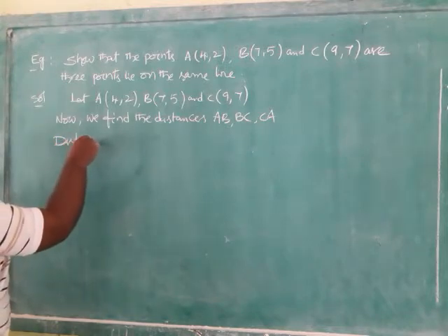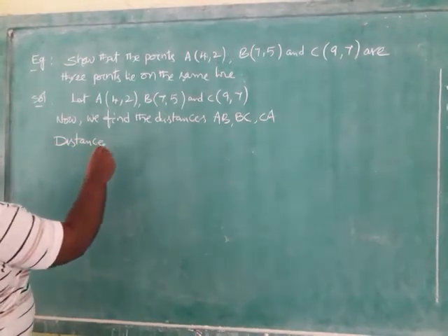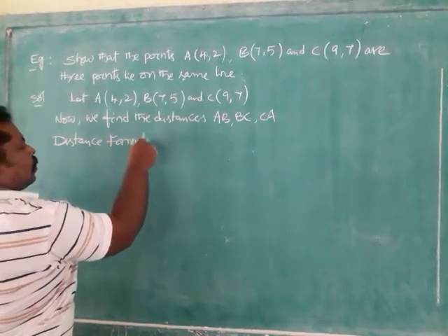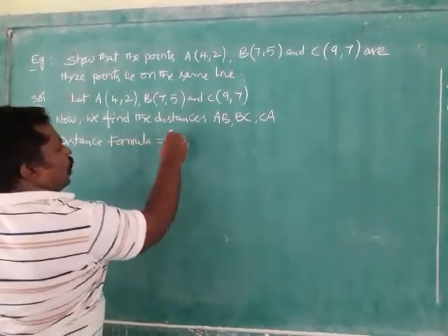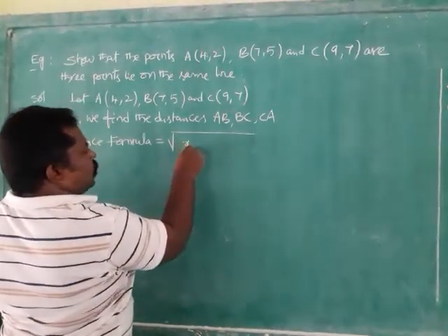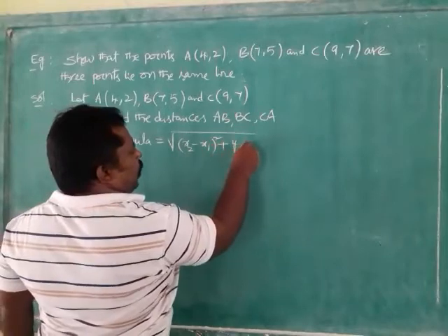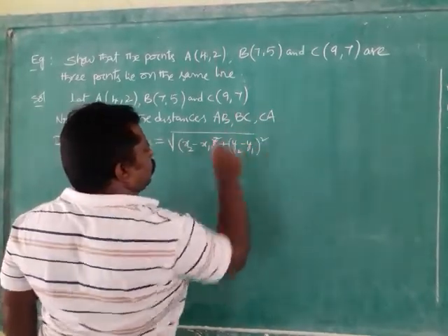We know the distance formula: the square root of (x2 minus x1) whole square plus (y2 minus y1) whole square.